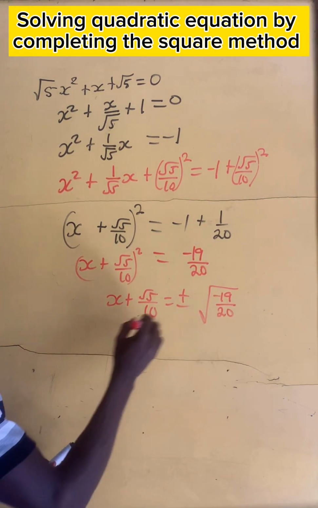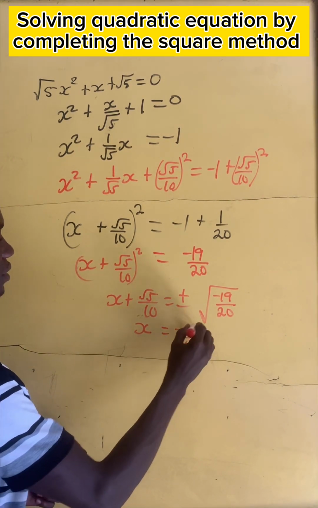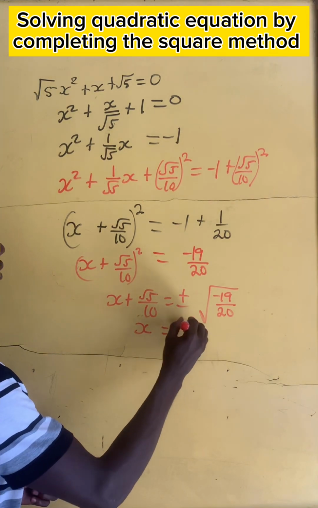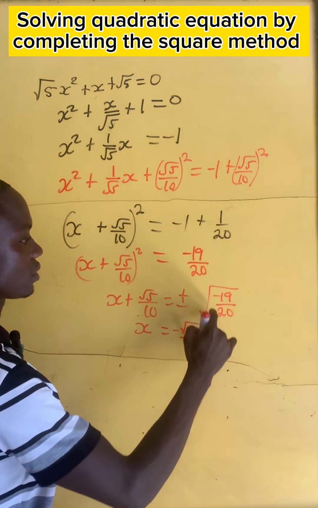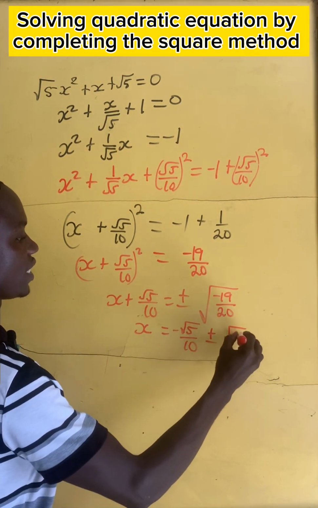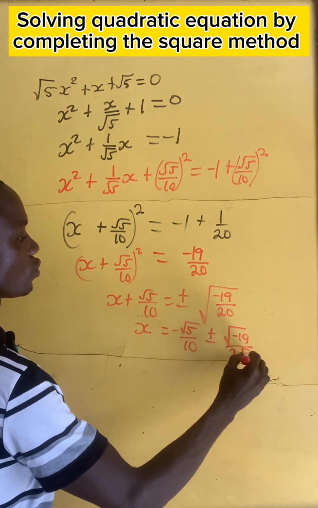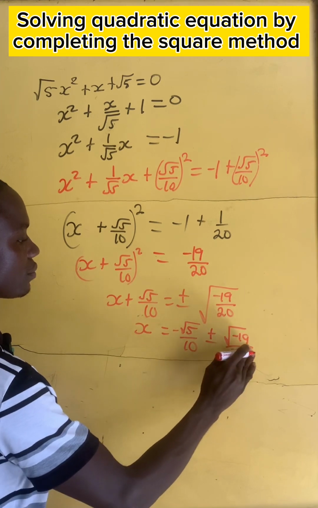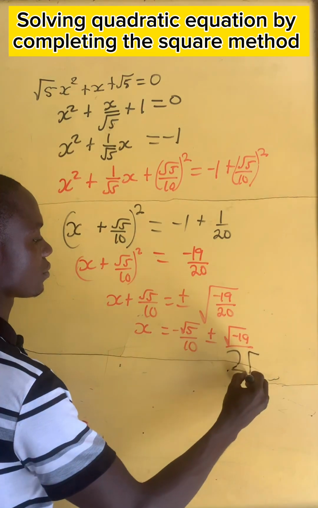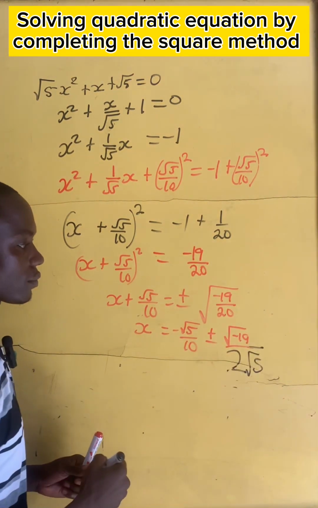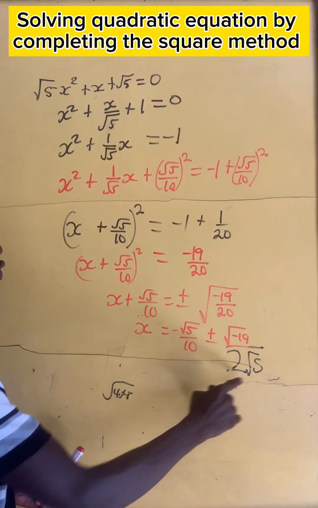So this gives x equals negative root 5 on 10, plus or minus the square root of negative 19 on, if we root this, we have 2 root 5. Because 20 is simply 4 times 5, and root 4 is 2, so we get 2 root 5.